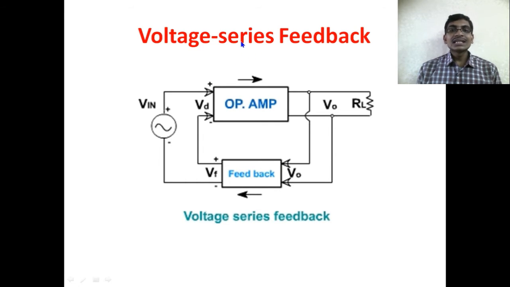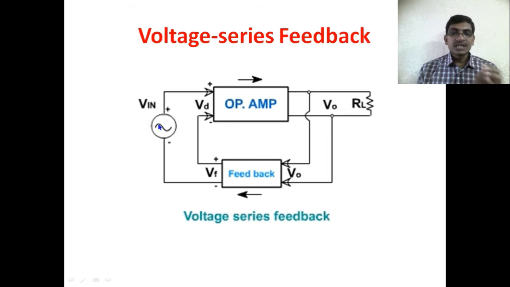We mix this Vf with the input voltage in series format. The series refers to the mixing. We are mixing the Vin voltage with the Vf voltage, and this gives the differential voltage Vd of our operational amplifier. Based on whether the feedback is positive or negative, we get Vin minus Vf or Vin plus Vf.